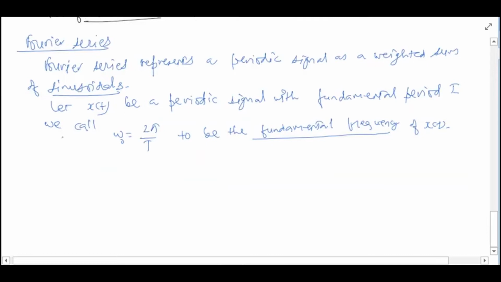For x(t), we can represent it as a weighted sum of complex exponentials or weighted sum of sinusoidals as follows: x(t) equals the sum of a_k e raised to j k omega naught t.